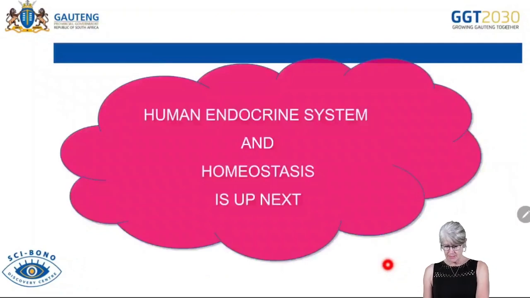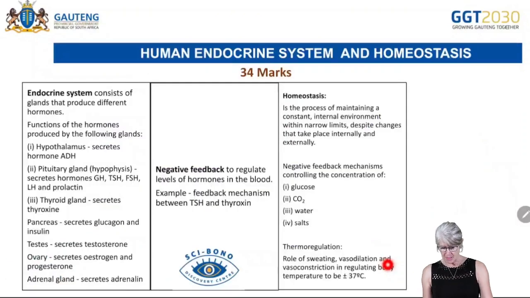All right, let's have a look at the endocrine system quickly and homeostasis. If we have a look at the endocrine system, we can see it's 34 marks, so it's a fifth of our paper, so it's also a very important topic. In the endocrine system, we need to know the basic hormones, the glands that produce the hormones, their target organs, and how they function.